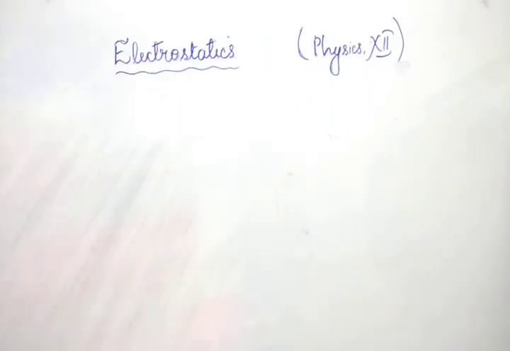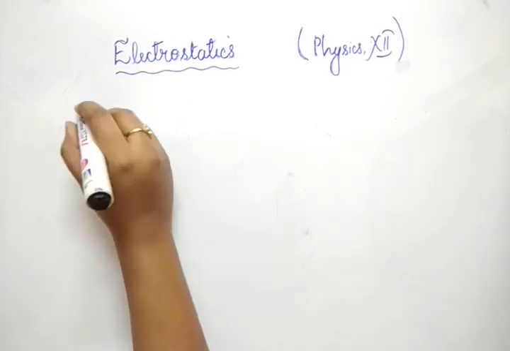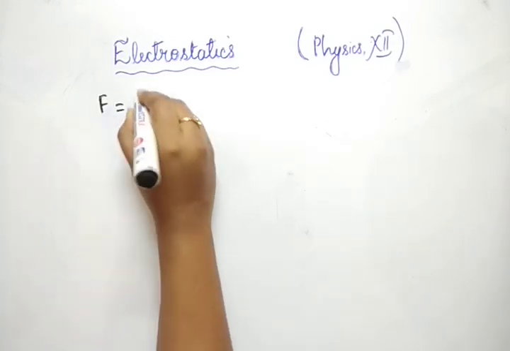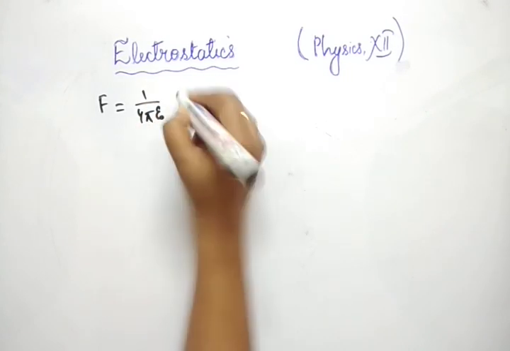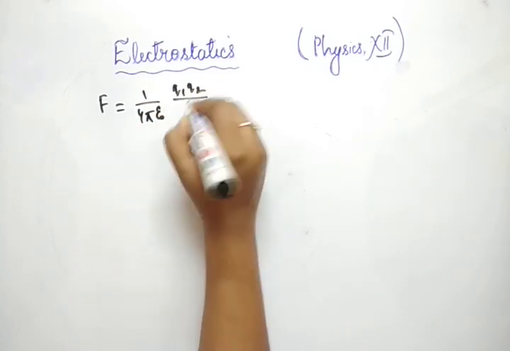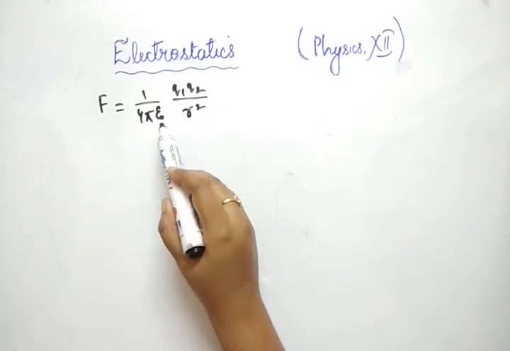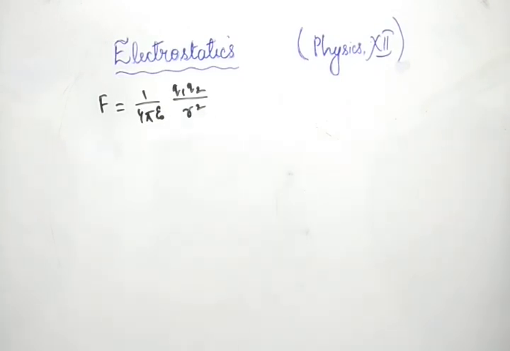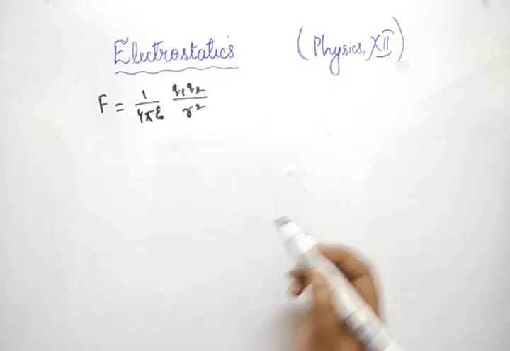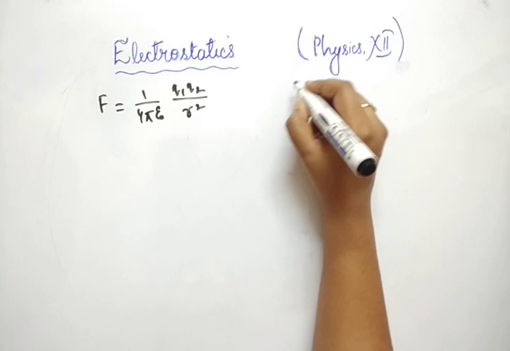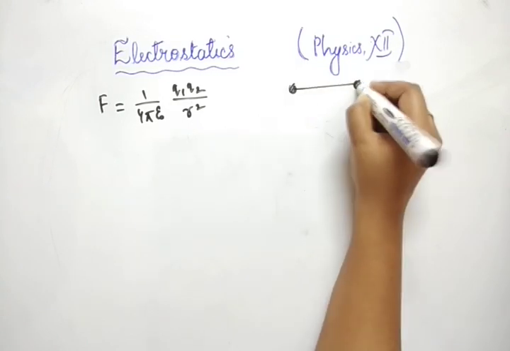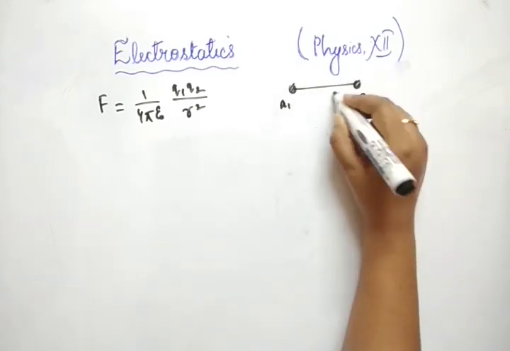So let us write the formula of Coulomb force again. We know F = 1/(4π ε₀) Q1 Q2 / r², where ε₀ is known as the permittivity of free space, and Q1 and Q2 are the magnitudes of the two charges kept at a distance of r.